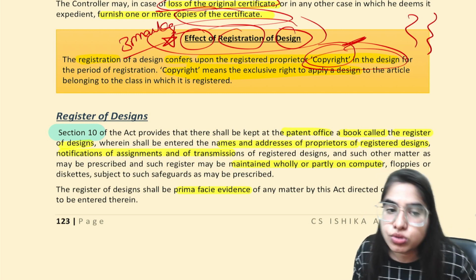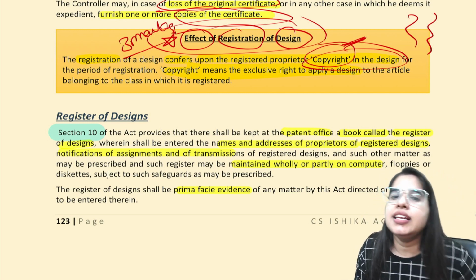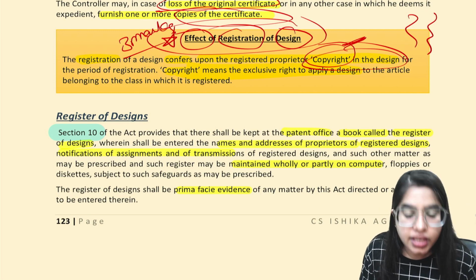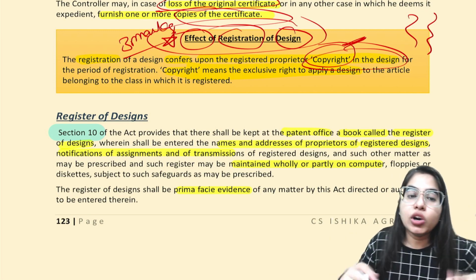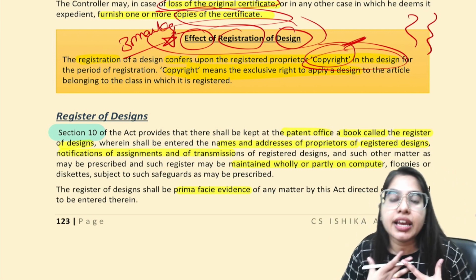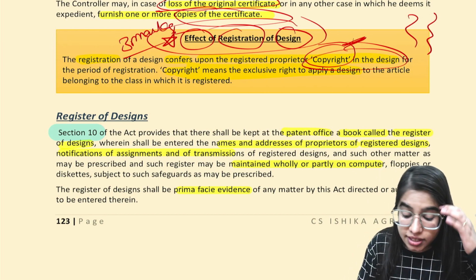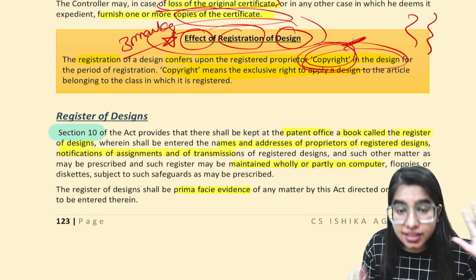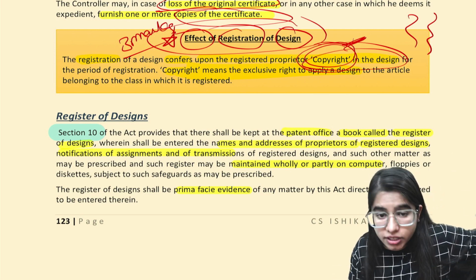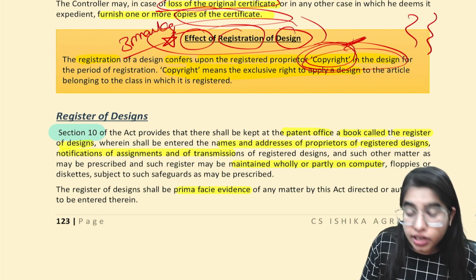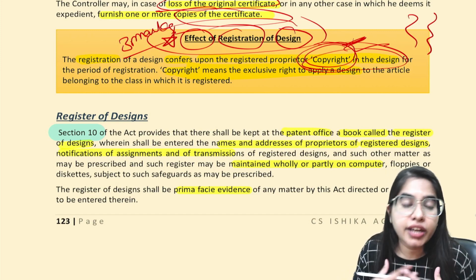No one else can use that design or apply it to any article. No one can make a bottle with the same design, because that design is registered to me. I have a copyright on the design. Don't confuse this with the normal copyright. Normal copyright is different. Here copyright simply means the exclusive right to use the design.